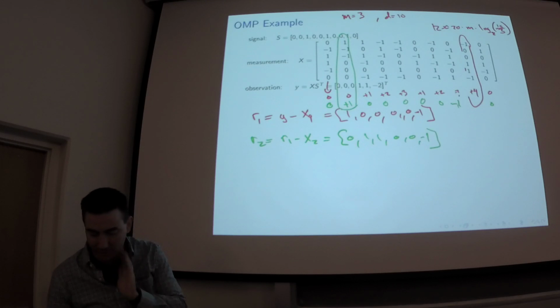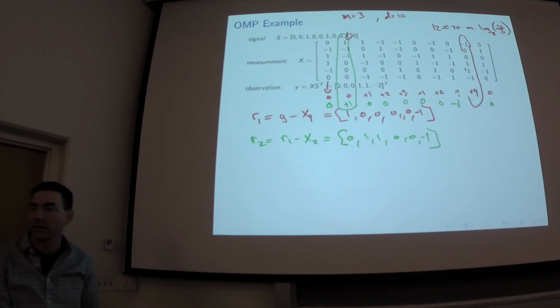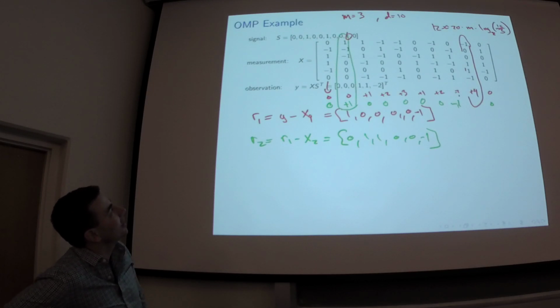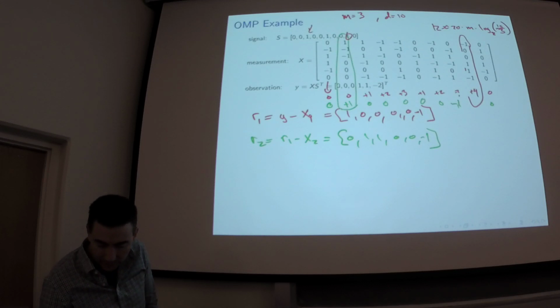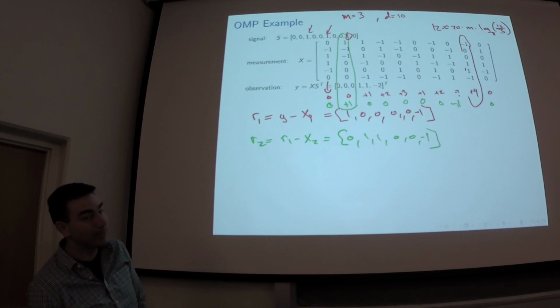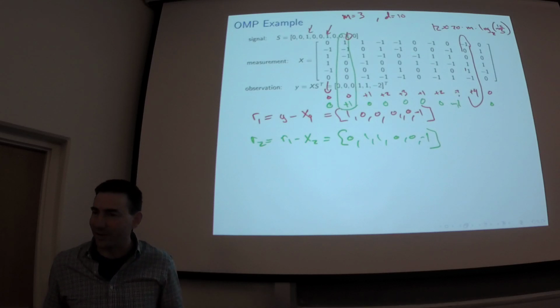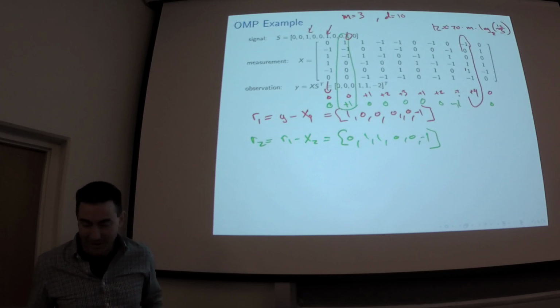The first coordinate I picked was actually x9, which was the correct coordinate. The second one, I should have picked column 3 or column 6, probably, because these were the ones I should have picked. I didn't. I picked x2. I'm deviating from this, and so this is one of the things that can go wrong with orthogonal matching pursuit. So I got to demonstrate this instead.